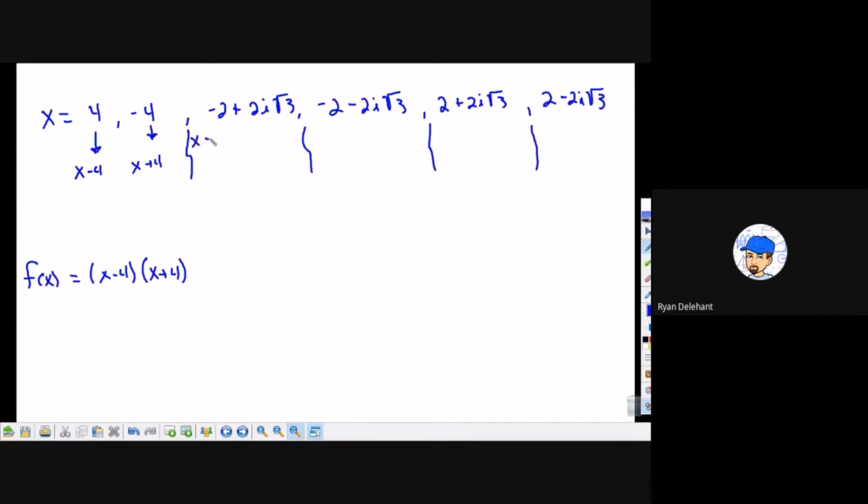So this is x equals -2 plus 2i root 3. We want to set this thing equal to 0, okay? 2i root 3, you got to think of it like one block that you can move around on either side of the equal sign by changing its signs. So we're going to move the 2 by adding it. And that means when this goes to the other side, it gains a negative sign. So we get x plus 2 minus 2i root 3. And this is what that root is.